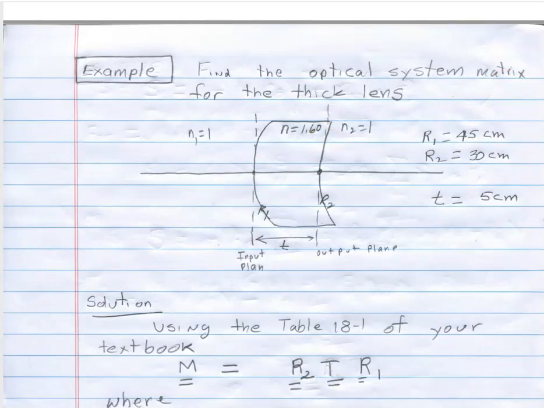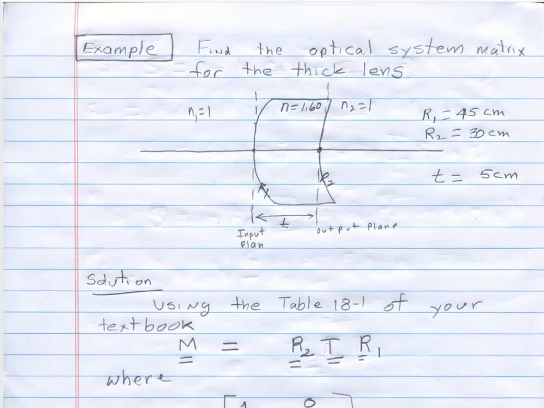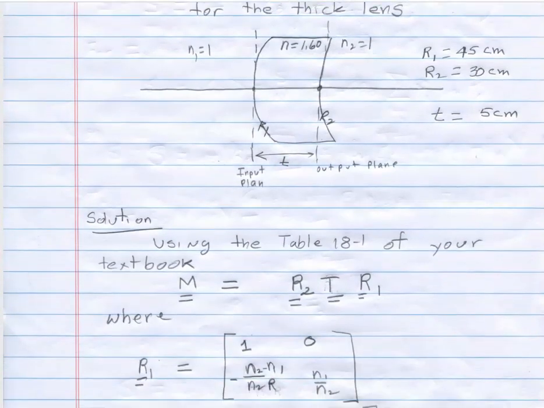Now you can go to that corrected table 18-1 in your textbook and develop the matrix that describes this whole thick lens system, this optical system. And again, remember, the way you do it is you approach it from left to right, but you write the matrices from right to left.